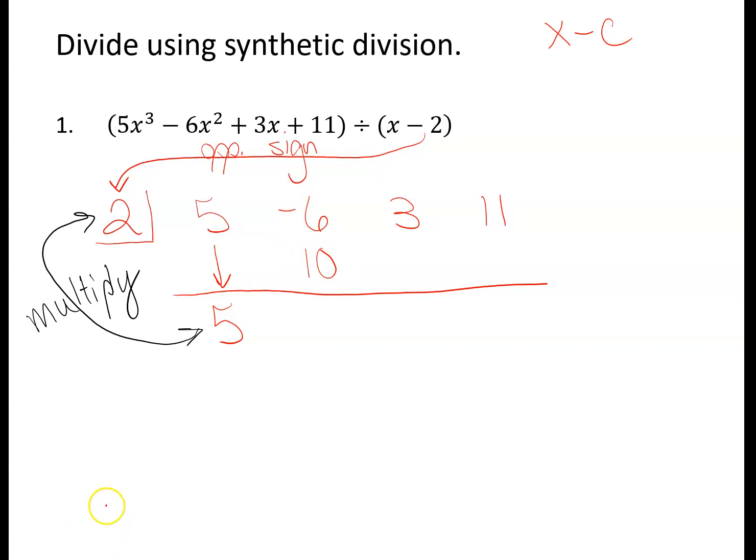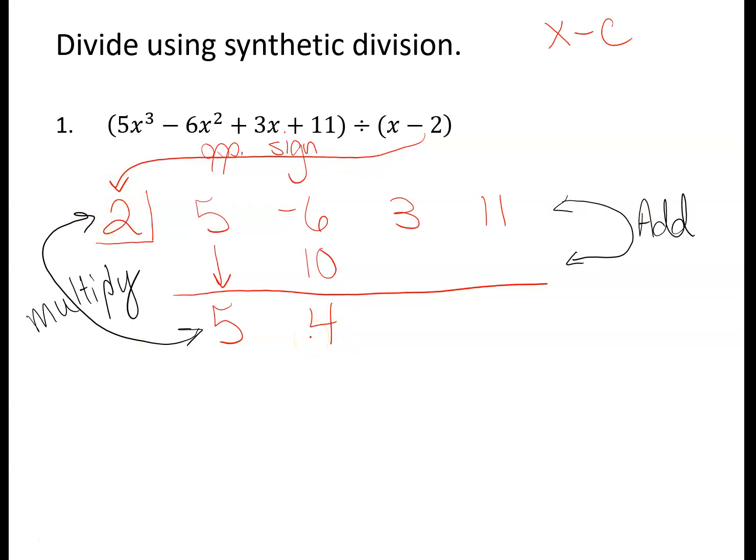Okay, now you've got two numbers in a column there. You are going to add. So this row and this row, you add the numbers together. So let's see what we get. Negative 6 plus 10 is 4. And now we just continue with that process until we get to the end. So we go back to multiply. 4 times 2, always times the number that's in the square.